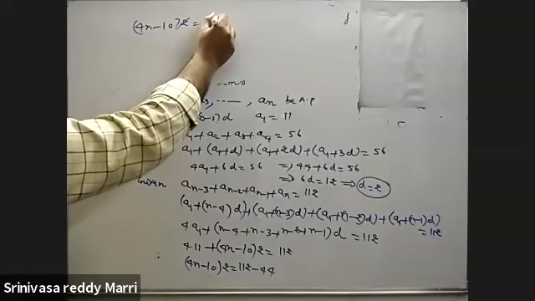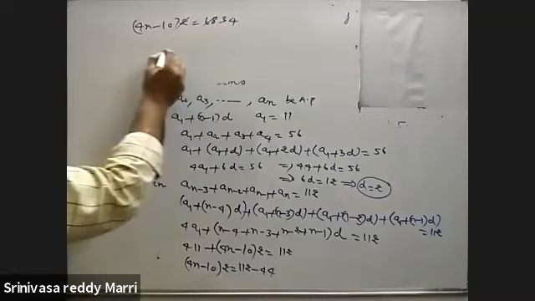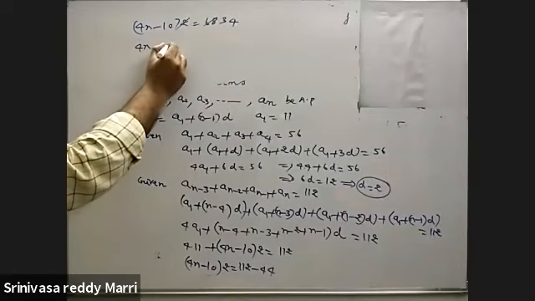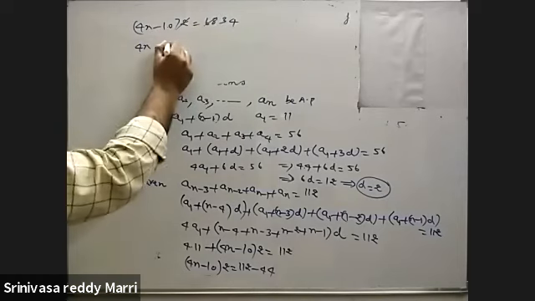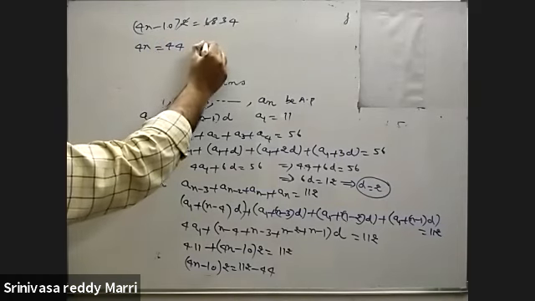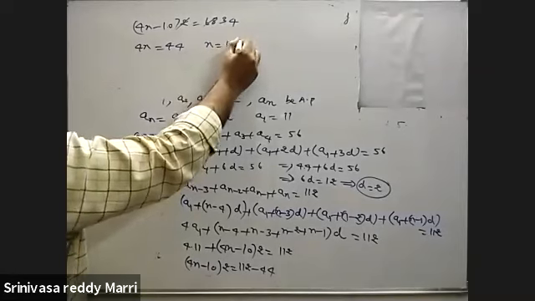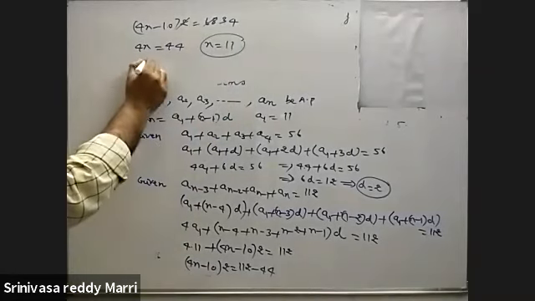So 2 times 34. So 4n equals 34 plus 10, that is 44. Therefore n is 11.